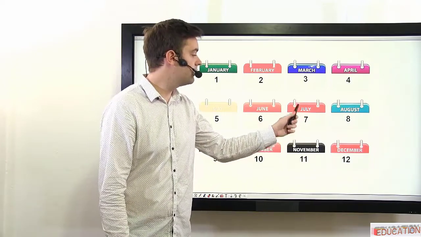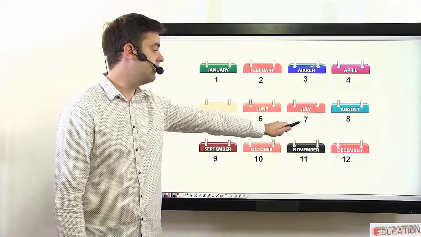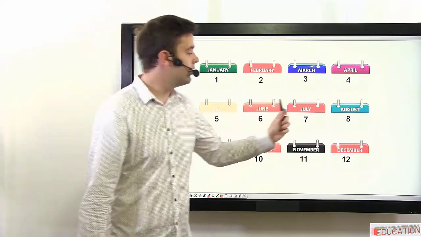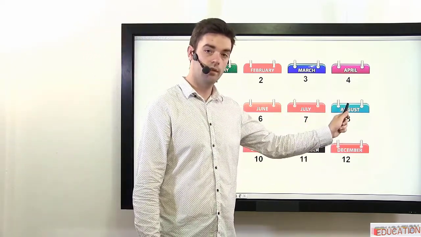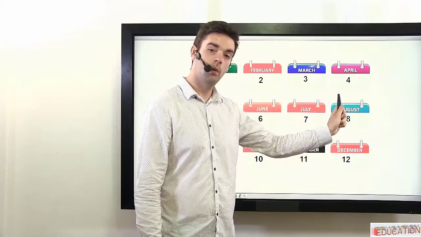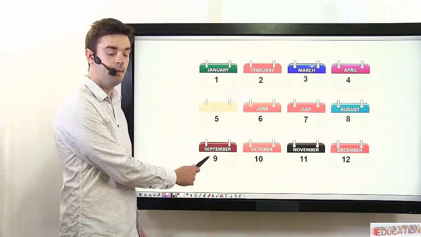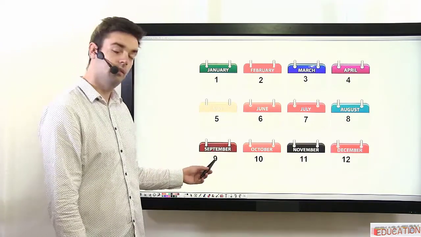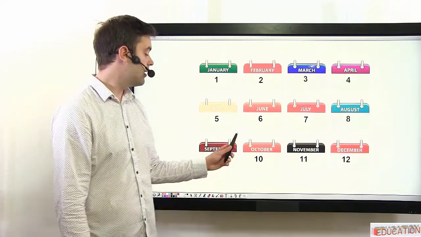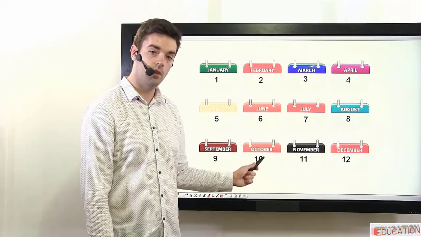Number 7, July. Number 8, August. Number 9, September. Number 10, October.